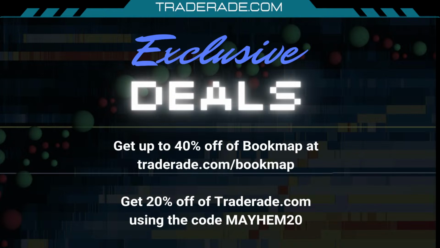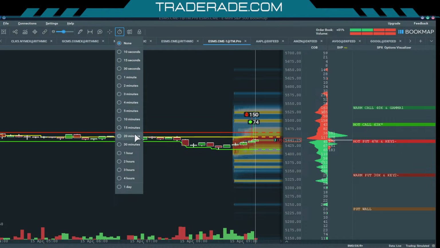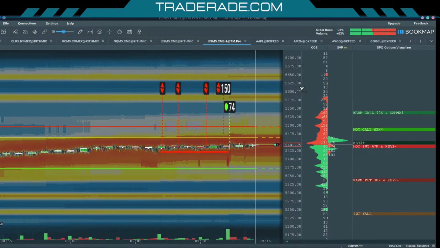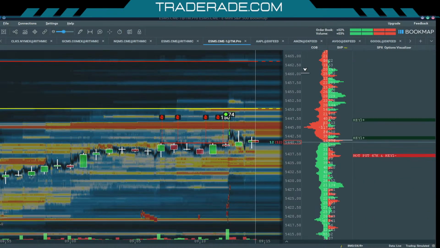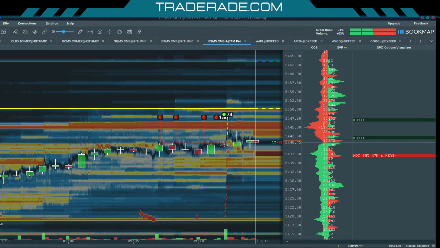Let's fire up Bookmap on screen here. We can see what's going on. We're just going to pull this in just a little bit. And we can see off today's lows, we got a decent little pop. It was really right there at that pivot level.